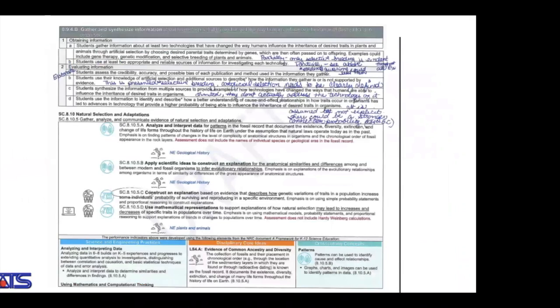So we looked at it and it's like, oh man, that is something we need to hit. So it really helps bring the performance expectations and those evidence statements alive as you use those 5 tools to plan.